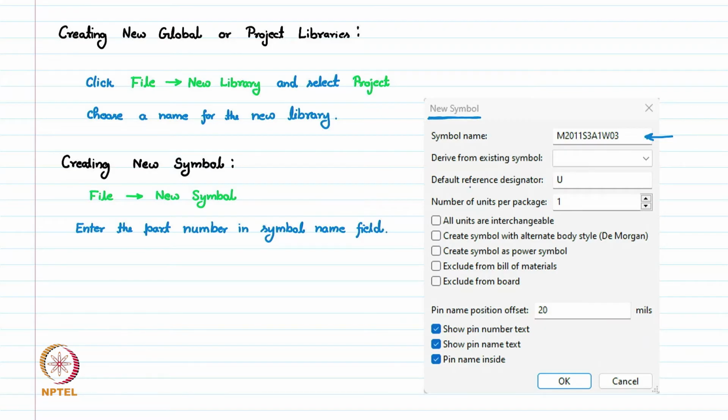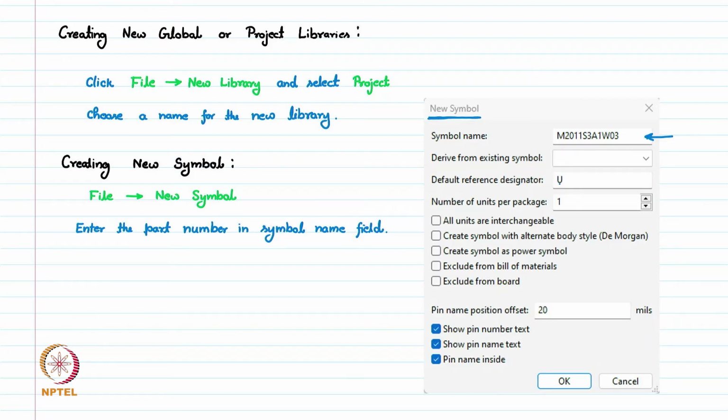Then default reference designator. You would like to change it to SW. All this software generally has some reference designator. For example, if we want to develop a symbol or footprint for resistance, the reference designator is R, which is universally accepted in all the software.